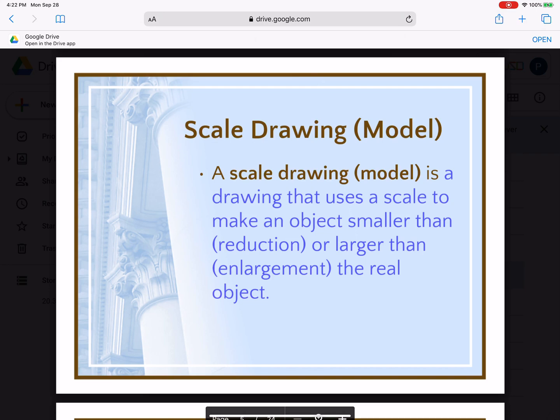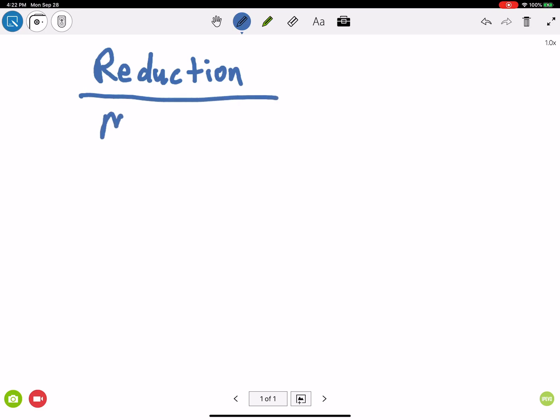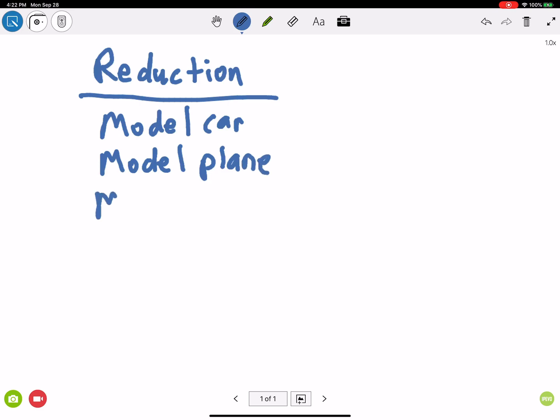Well, let's think about things that would be reductions, right? If we're thinking about a reduction, model car, model airplane, just gonna write plane, model house.